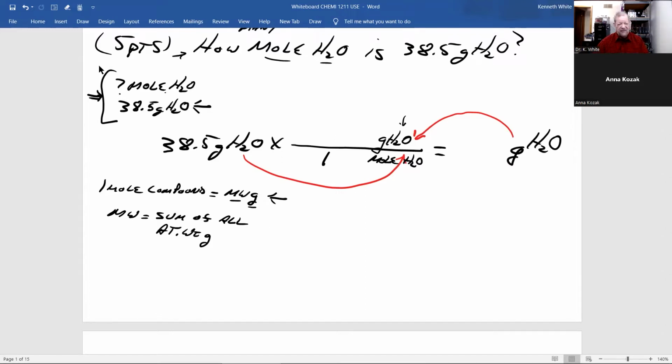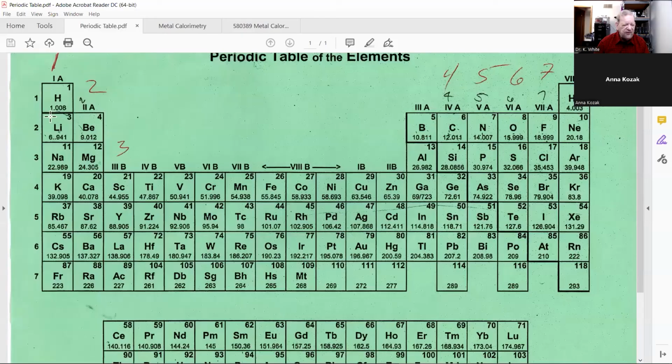Oh no, we don't have the molecular weight of water. So we've got to figure it out. Water has 2 hydrogen, 1 oxygen. And we need the atomic weight of hydrogen and oxygen. And where do we get that? We go to our periodic table, and hydrogen to 3 significant figures.